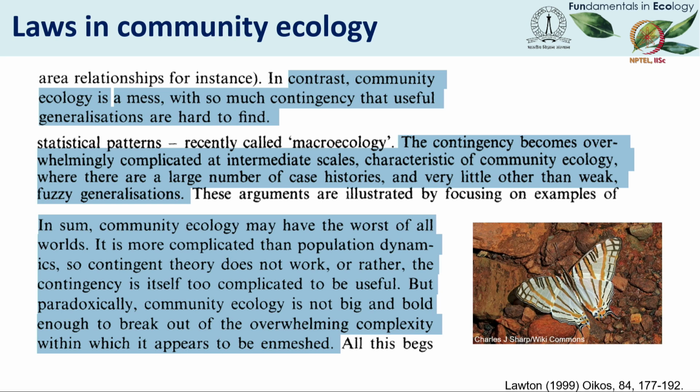It is complicated. And so it's very difficult to find generalizable laws in community ecology, is John Lawton's argument. So therefore, understanding one community and the manner in which one particular community works does not necessarily make it easier for us to understand how another particular community works.